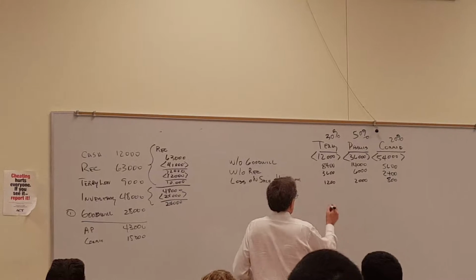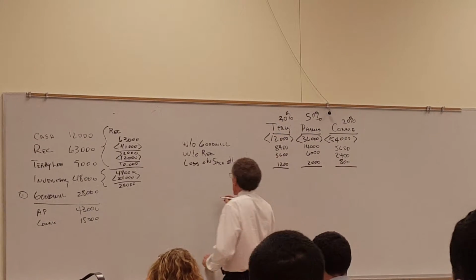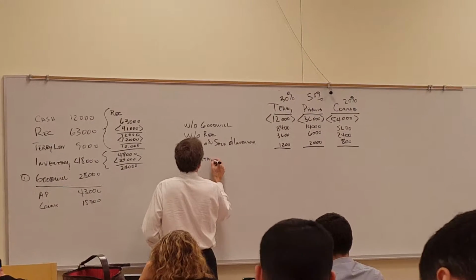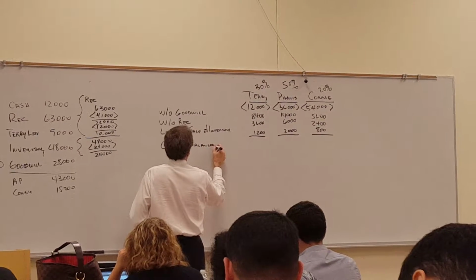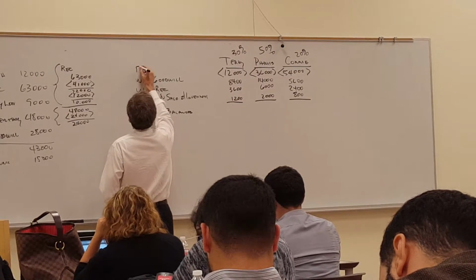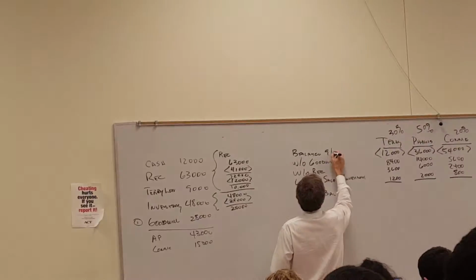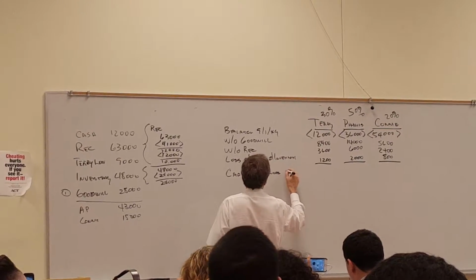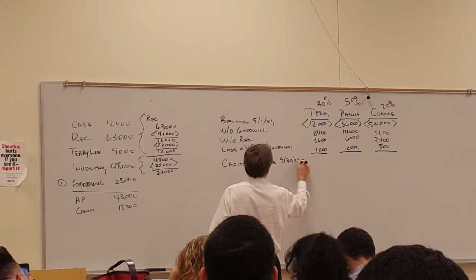So if we look and see what our capital balances are at this point, and this is as of 9/1 of X9, this is capital balances 9/30 of X9.